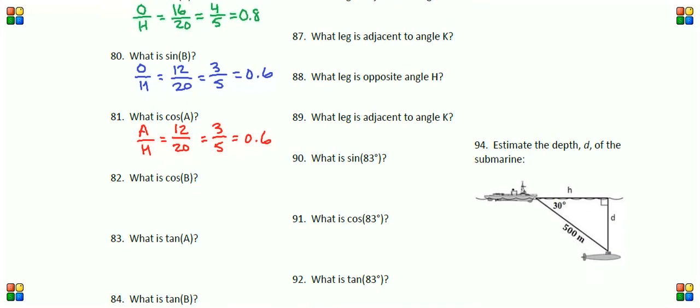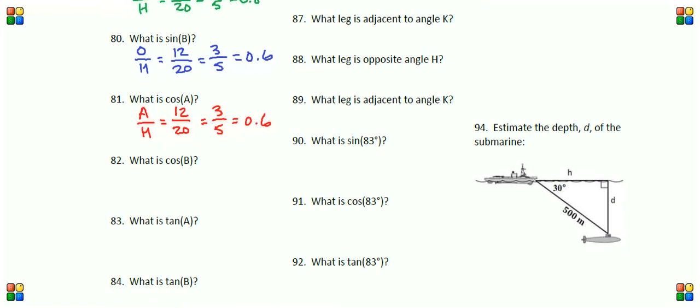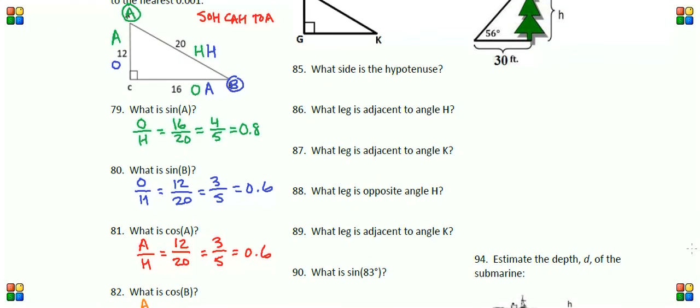Let's take a look at cosine of B. Again, cosine is adjacent over hypotenuse. Let's take a look at the side adjacent to angle B. Adjacent to angle B is CB, which is 16. How about if we circle this just to show all the vertices have a circle around them?